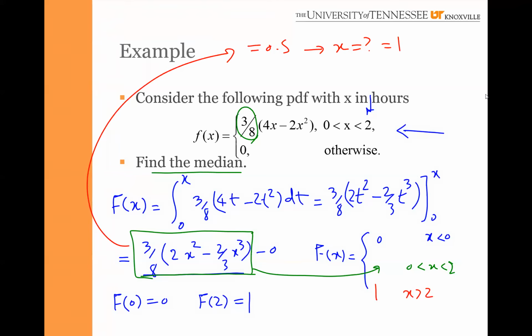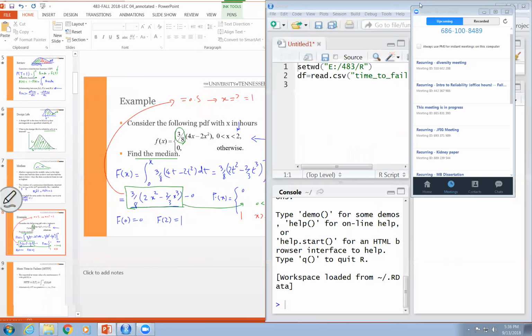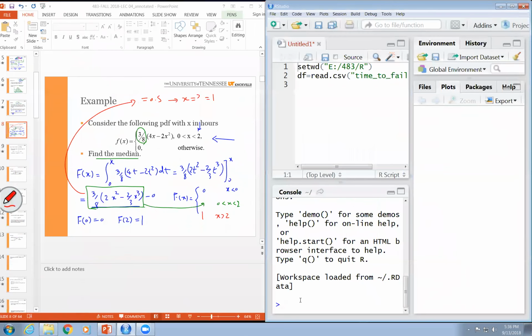So let me take a second and show you how you could plot this to get your answer. If you want to plot a function in R, you can either enumerate it, like say x is a sequence of numbers from, let's say, -5 to 0.5 with a particular step size, and use the plot function to plot a scatter plot. But now we have a continuous function, so we can use the command curve.